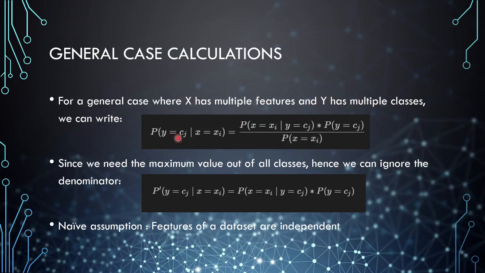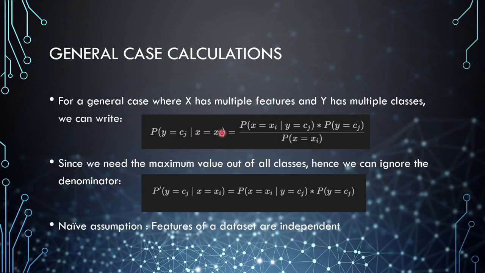So give the probability of occurrence of y of a particular event cj, let's say class cj, given that x equals xi. So what is this i? This i is basically the row value. Suppose there are n rows, then i will iterate from 1 to n. One row gives a particular value of x, and that x is known as xi.